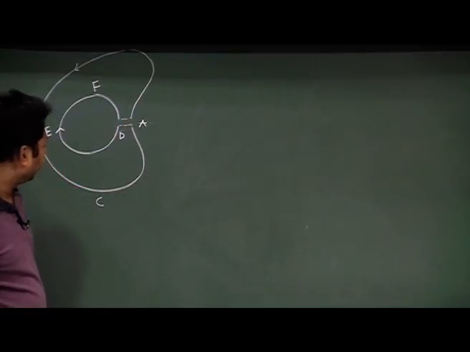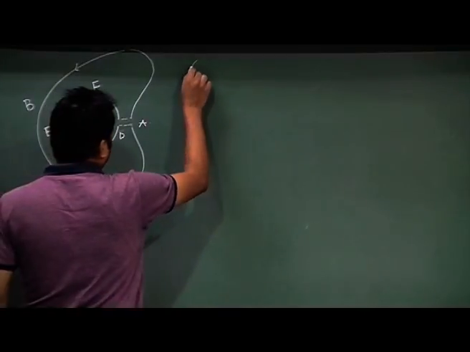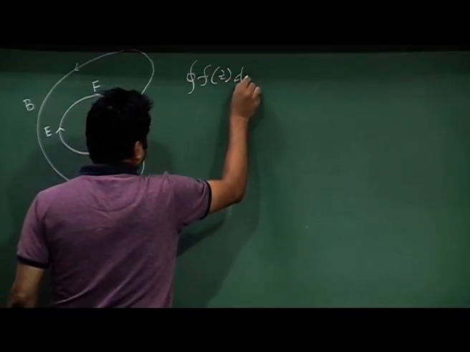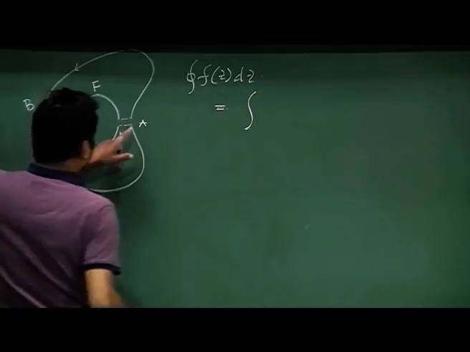Now, if I write the Cauchy-Goursat equation for this case, the closed integral of f(z) dz is equal to what value?